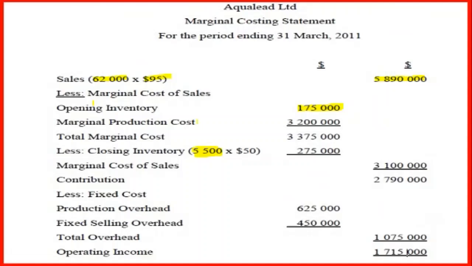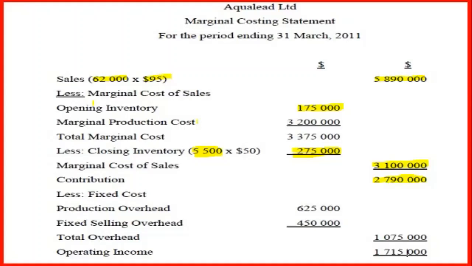And that will give us a figure here. I don't think it's 275, but we'll work with the 275. Okay. Marginal cost of sales would be 3100. 5890 minus that gives us the contribution of 2790.